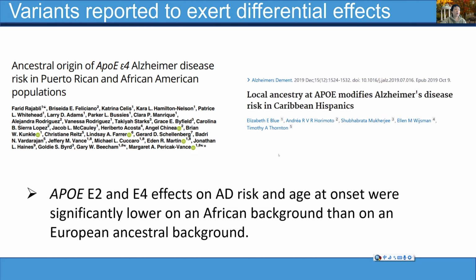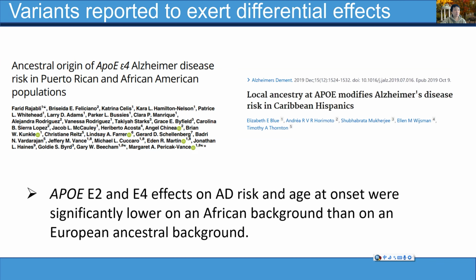Those two recent papers, by analyzing African American and Hispanic Latino individuals, show consistent evidence that those risk alleles, when inherited from an African background, tend to exert less severe effects than when inherited from the European ancestry background. What's the mechanism?